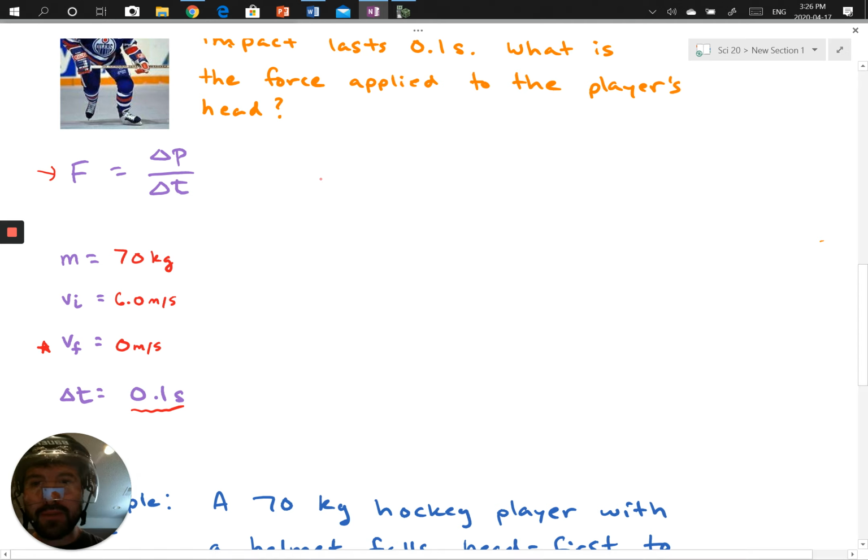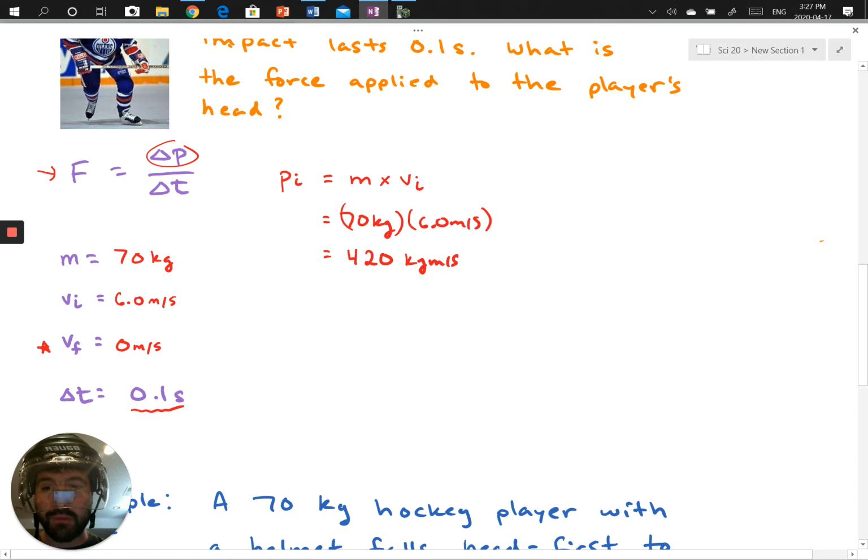So let's find the initial and the final momentum so that we can find delta P, or the impulse. My P initial, my initial momentum, is going to be my mass multiplied by my initial velocity. So that's going to be 70 kilograms multiplied by 6.0 meters per second. 70 times 6 is 420 kilogram meters per second.